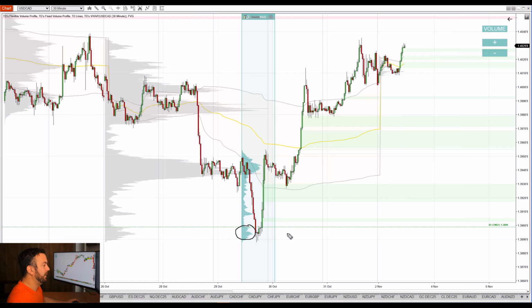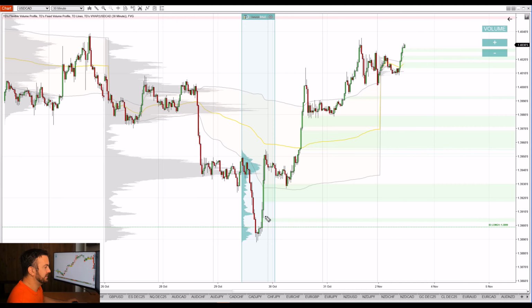And this is exactly the place that shows where buyers stepped in, started to buy, and reversed the sell-off into this new uptrend. So this heavy volume zone is a very, very important level, and I like to trade from the beginning of that heavy volume zone, which is in here at 1.3899.